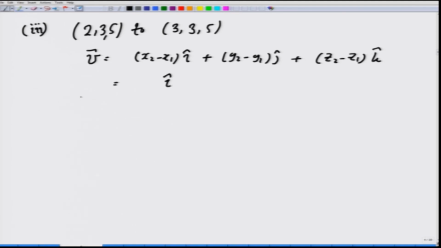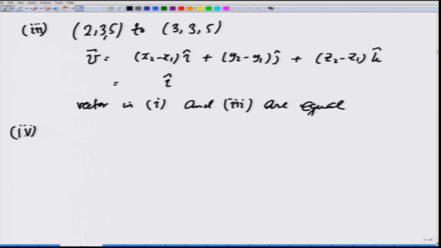You can already see that vector 1, which was i, and 3 are equal. Vector number 4 is from minus 3 to 0 to minus 2 to 0.